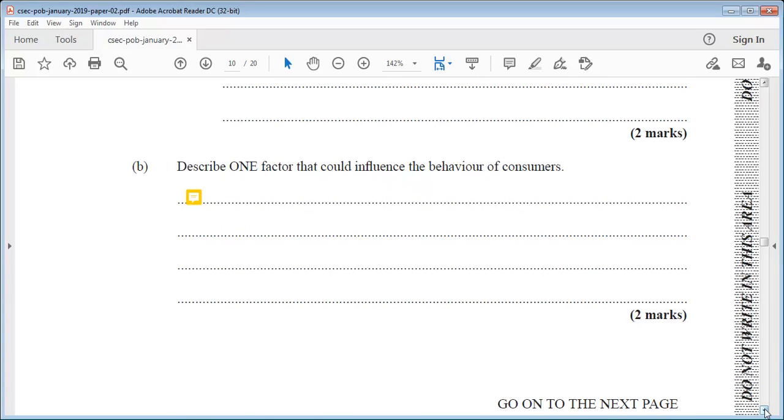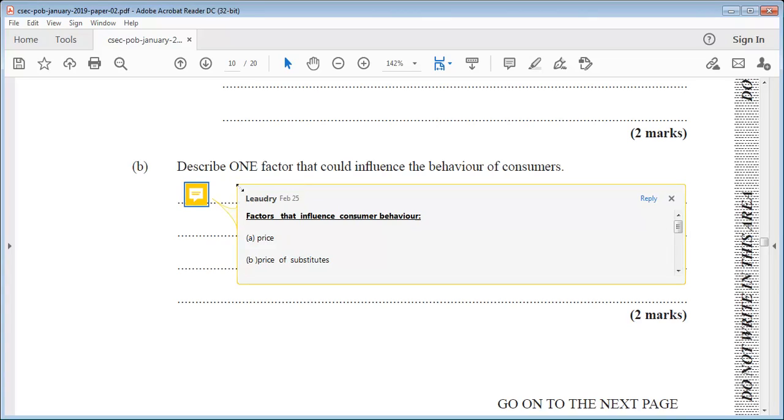Let's go on to the B part of question 3. This is worth 2 marks. It says, describe one factor that could influence the behavior of consumers. What are some factors that could influence behavior? One, price. Two, price of substitutes. Three, quality. Four, taste. Five, tradition. Six, income or the affordability of an item.